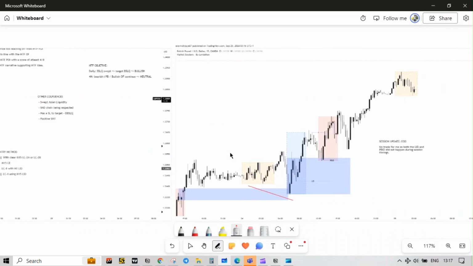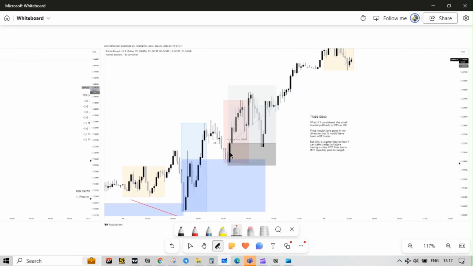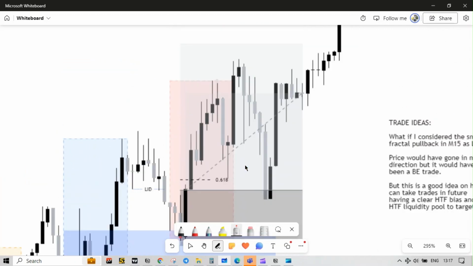But price never came down and it started to go up and up. So the early buyers benefited today from this trade. But people like me who wait for extra confluences go against this trade. But even if I placed the trade, considering this as an LC1, that is the M15 lead, I would have placed my trade on this candle just above the high of this candle and just below the low of this candle as a stop loss.